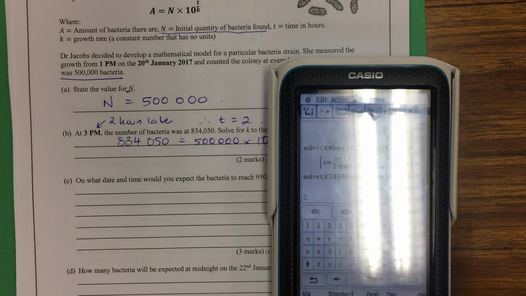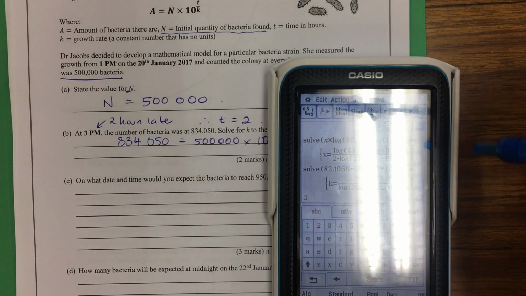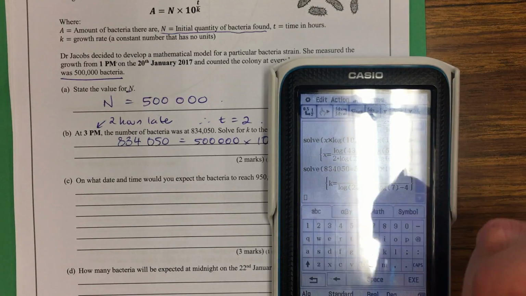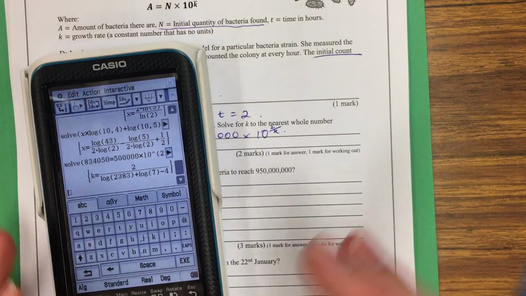That's because it's trying to find the letter X. We'll put the letter K there, and we can see these awfully big horrible numbers being generated here.